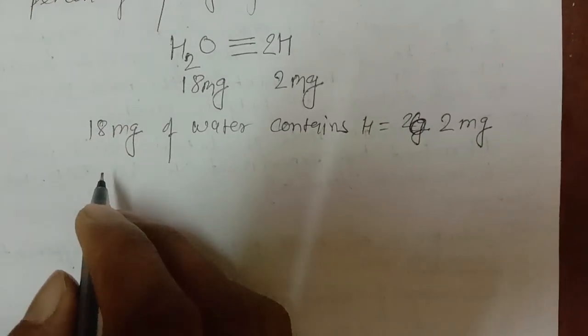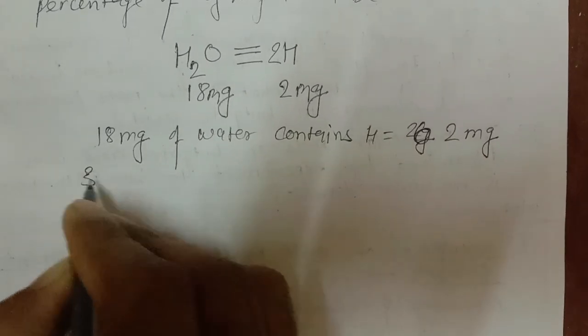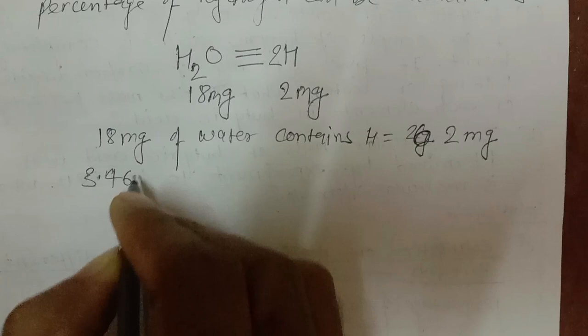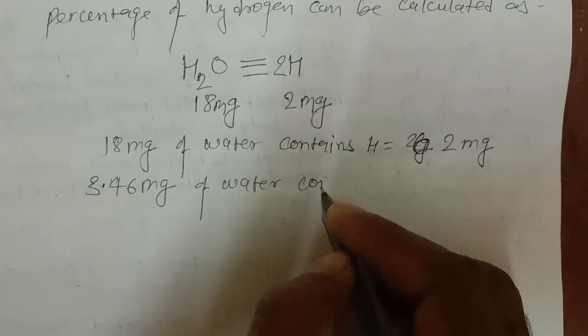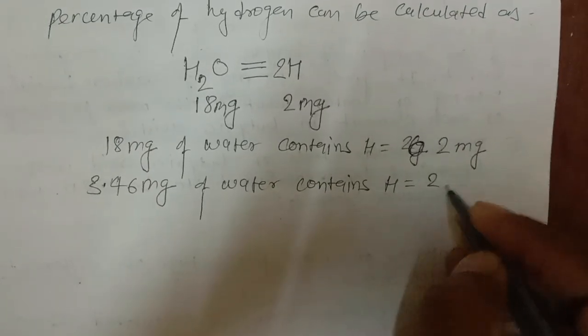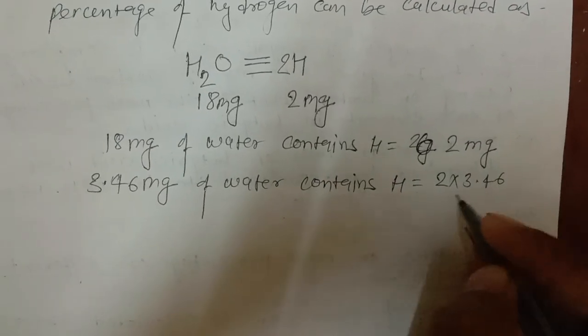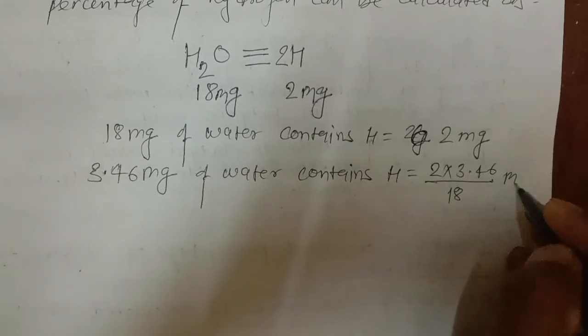In the question they have given 3.46 milligram of water. So 3.46 milligram of water contains hydrogen equal to 2 into 3.46 divided by 18 milligram.